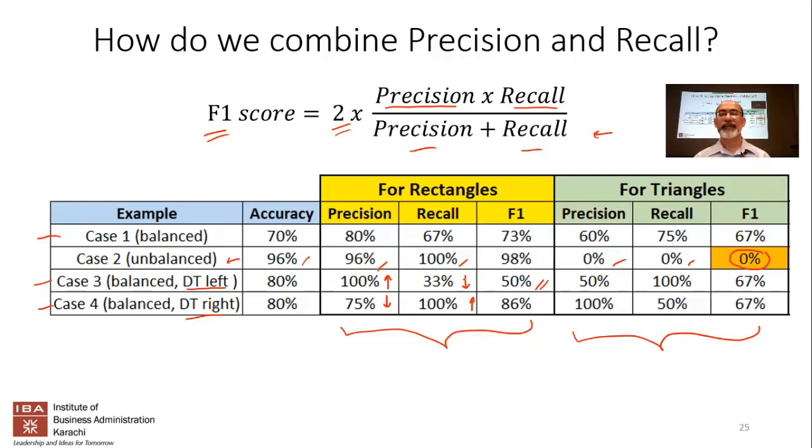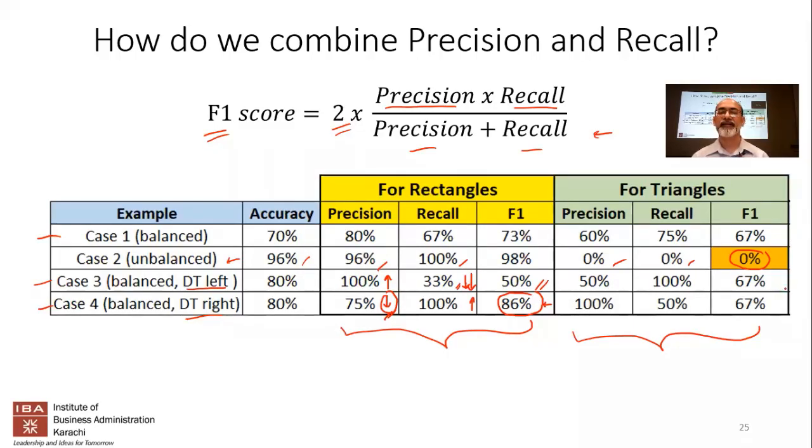So here, this is coming down a lot more as compared to the amount that the precision is coming down, okay? So then you would say, well, it seems that case 4 is actually better as far as the rectangles are concerned, simply because the impact on precision over here is not as much as the impact on recall over here. And so this would be preferred in this particular case, okay?